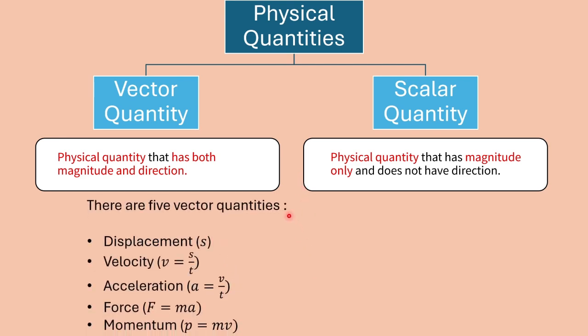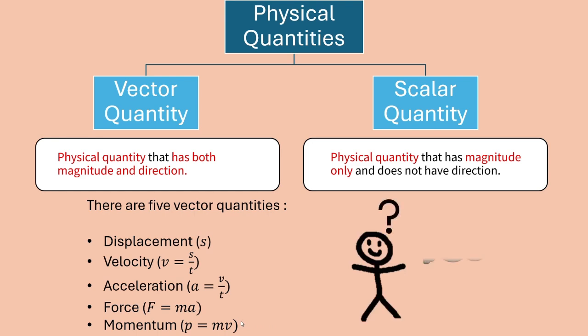There are 5 vector quantities that you will be learning: displacement S, velocity V, acceleration A, force F, and momentum, the little p.